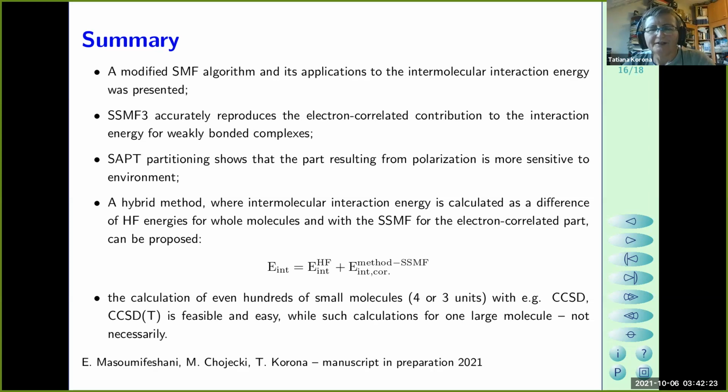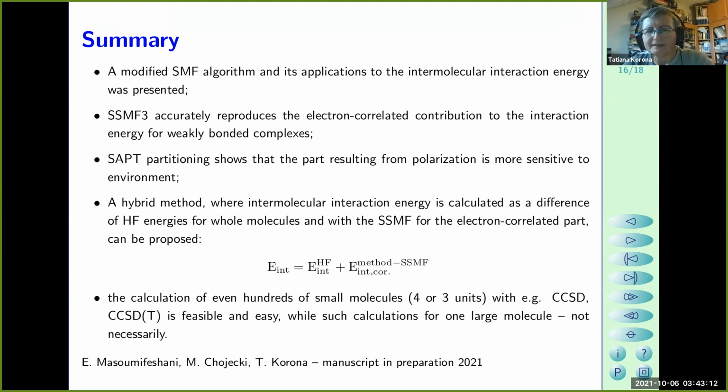On the other hand, the electron correlated contribution, which is mostly this 2,0 dispersion, is very well reproduced by this SMF-free approach, and one should emphasize that this electron correlation part is much more expensive in computational terms than the Hartree-Fock part.